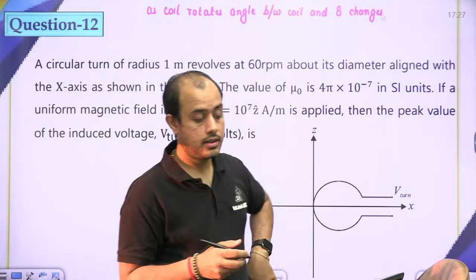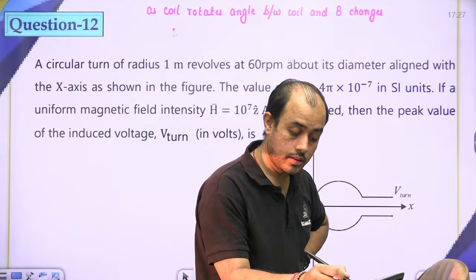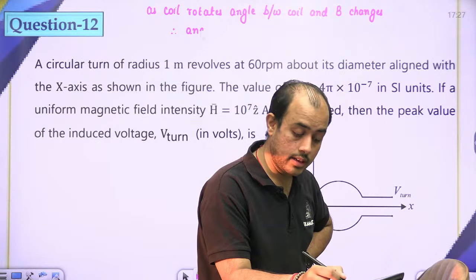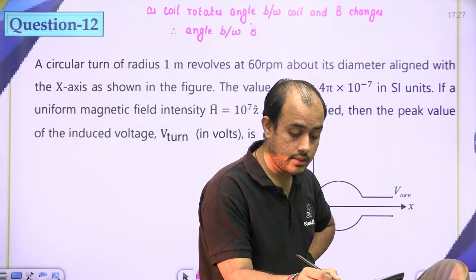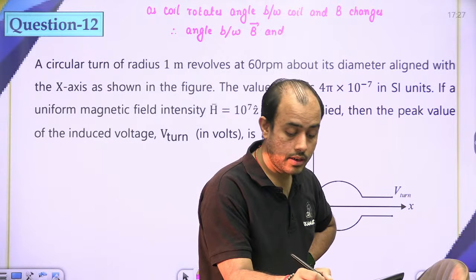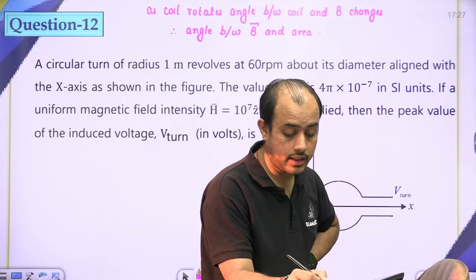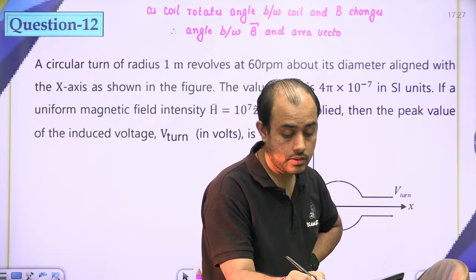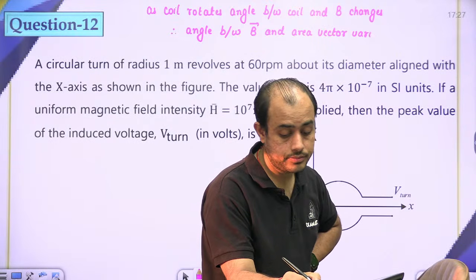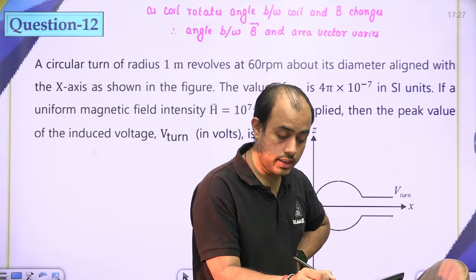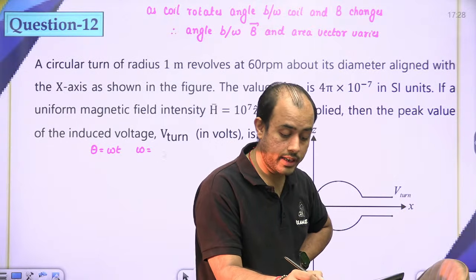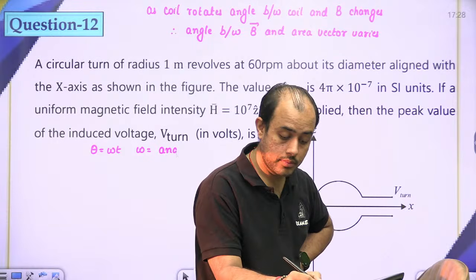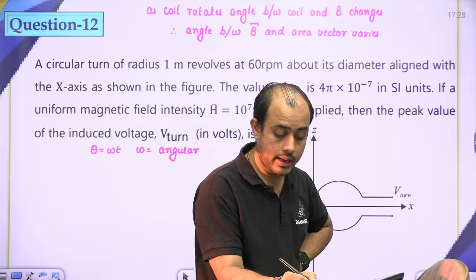Theek hai? So therefore angle between B vector and area vector varies. So theta will be omega t. Omega is angular speed.